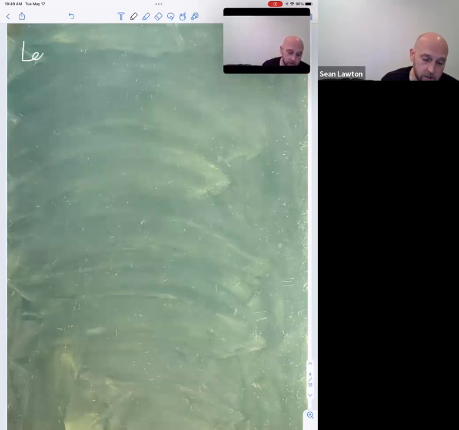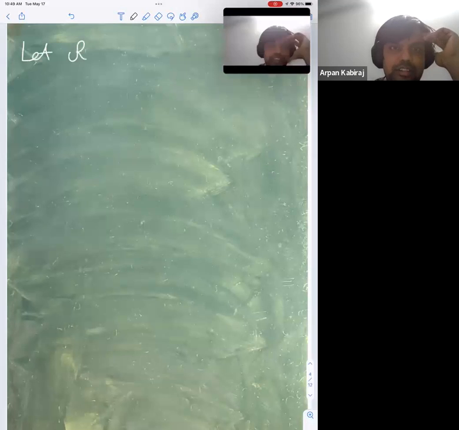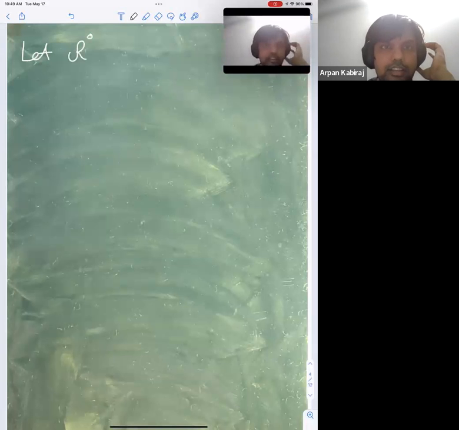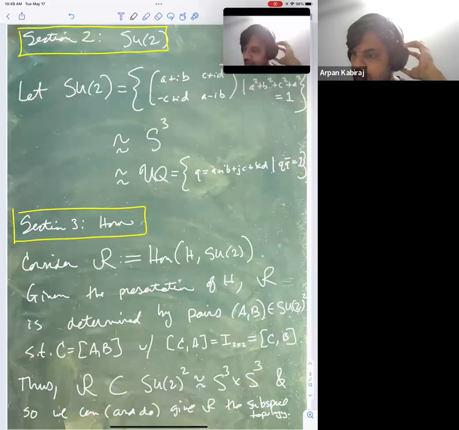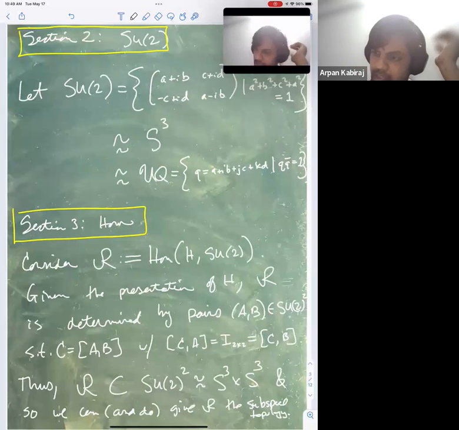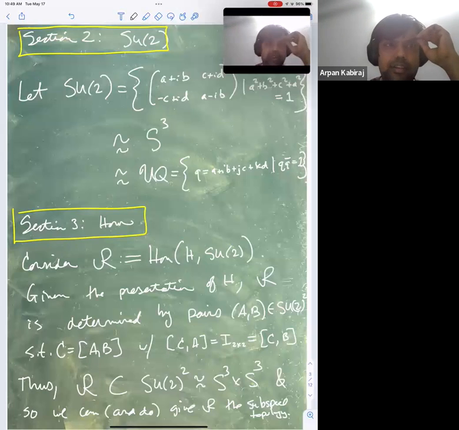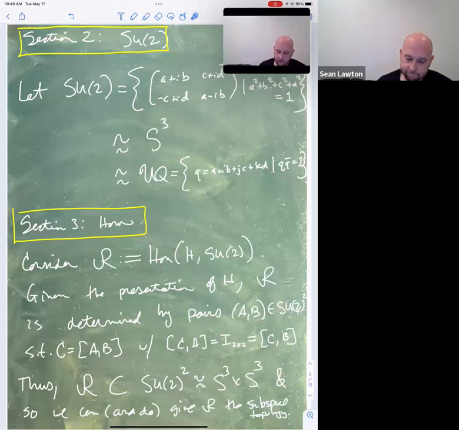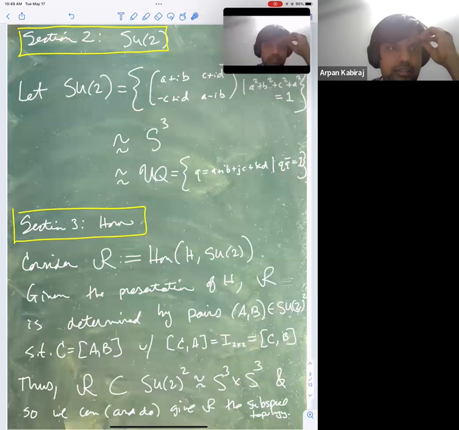One question. Yeah, go ahead. So H has its own topology from matrices, probably the discrete topology. If I consider simply the compact open topology, will it be different?